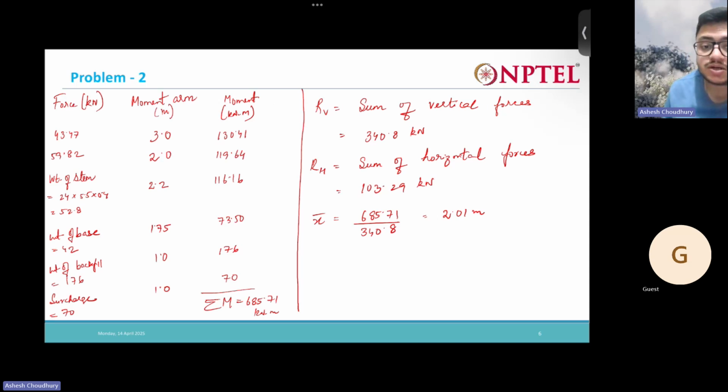We will calculate the overturning moment. Overturning moment is nothing but PA times the lever arm. And my resisting moment will be nothing but all the downward forces that are acting.